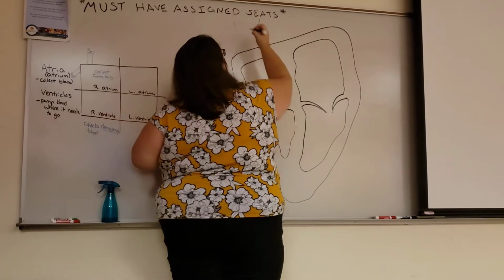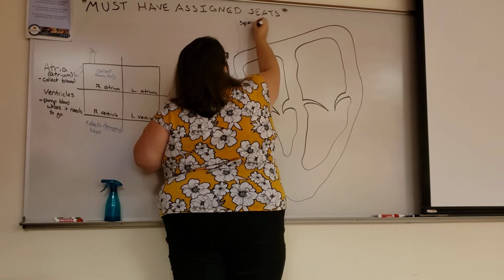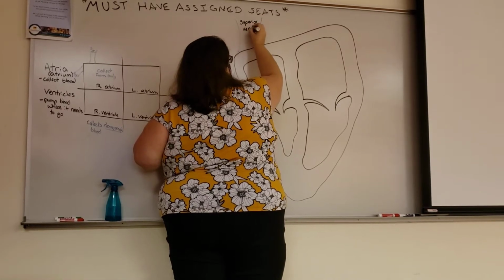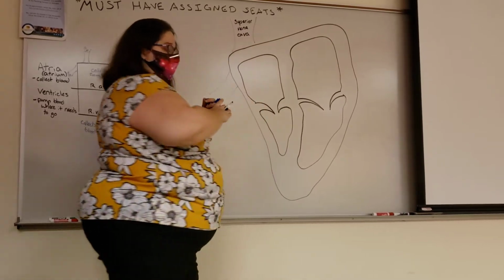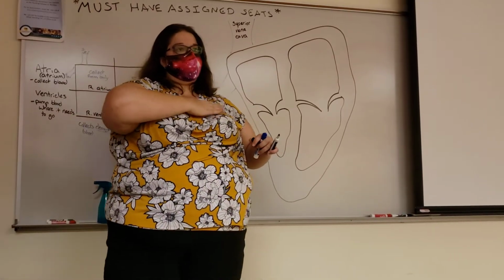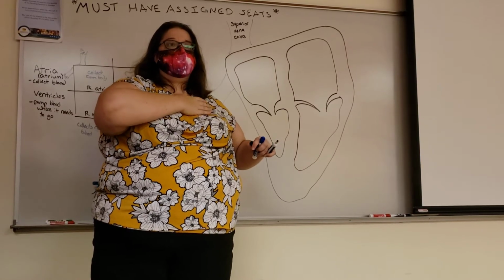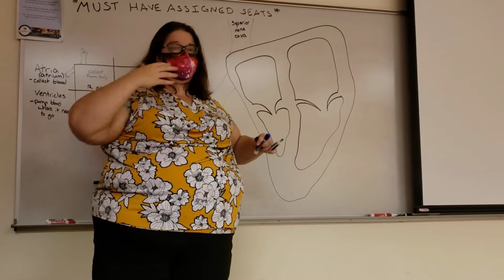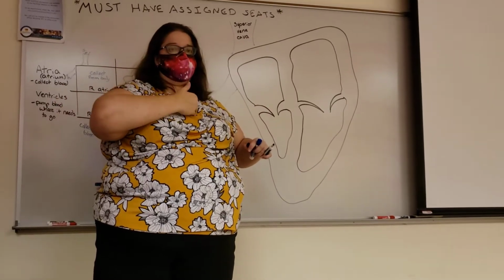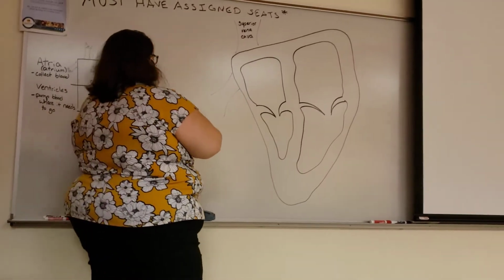So from the top, superior, which means above, right? So you have your superior vena cava. Your heart's right about here. All the blood that is coming back to your heart from your head or above your heart, from your arms, it's heading back down through that superior vena cava.